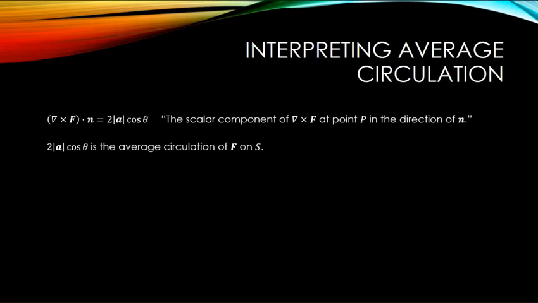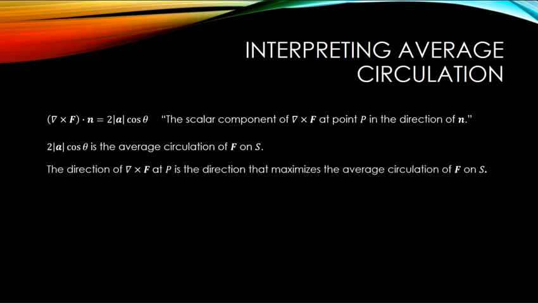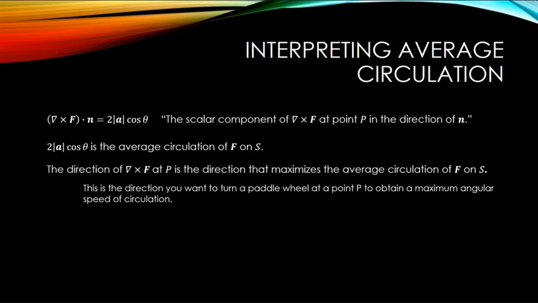This means that 2 times the magnitude of A times the cosine of theta is the average circulation of F on S. The direction of del cross F at P is the direction that maximizes the average circulation of F on S. This is the direction you're going to want to turn a paddle wheel, for example, if it's located at point P, in order to obtain a maximum angular speed of circulation.